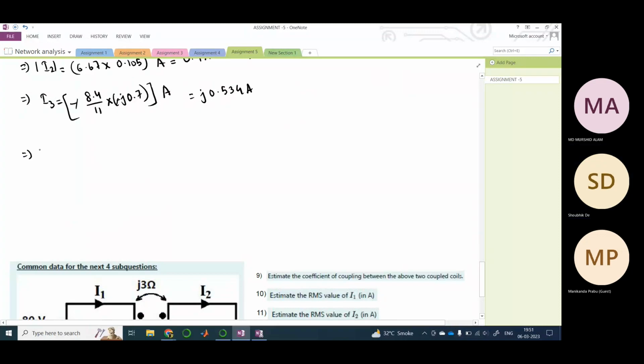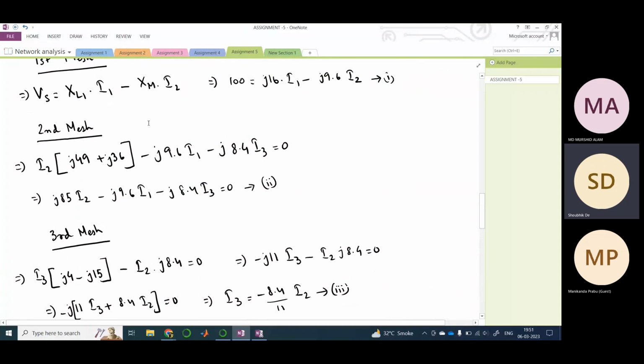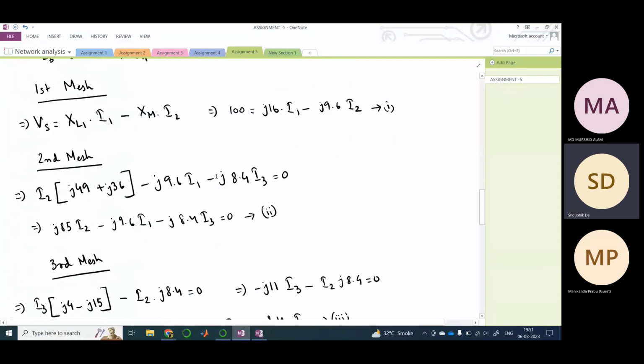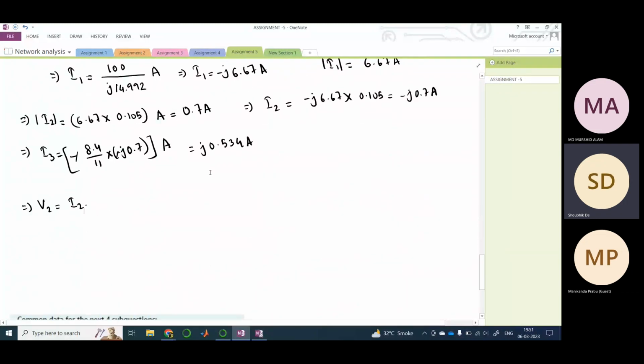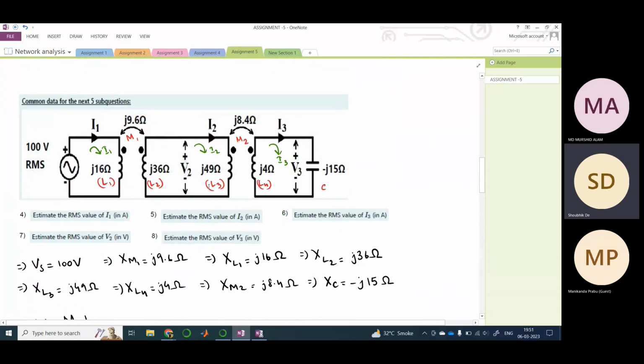So I will be calculating V2 as, let's say, I2 into the reactance of L3, the third inductance. My main reason for saying this is that for calculating V2 you can consider L3 or L2, either one.